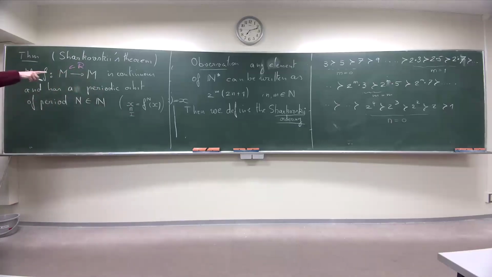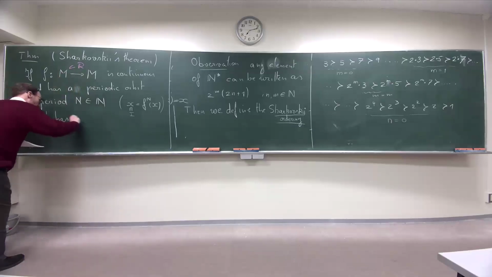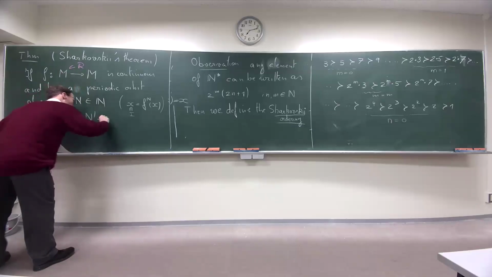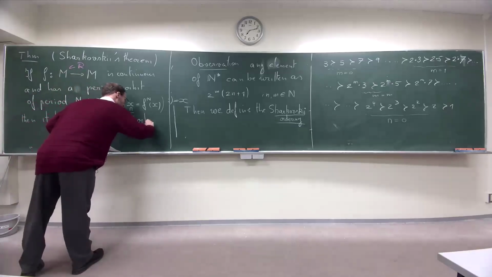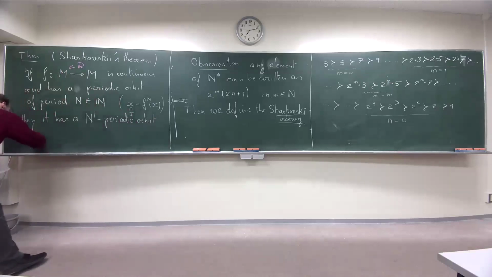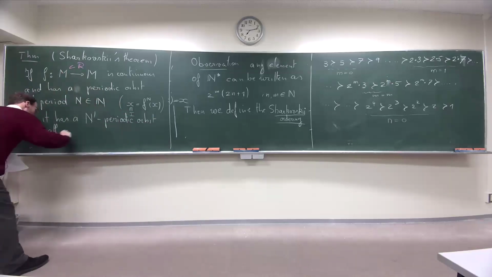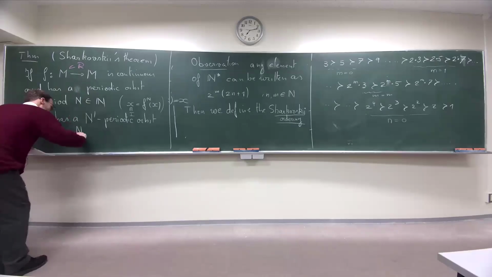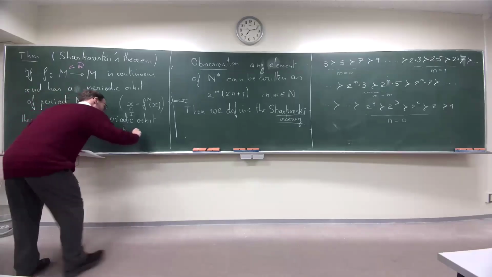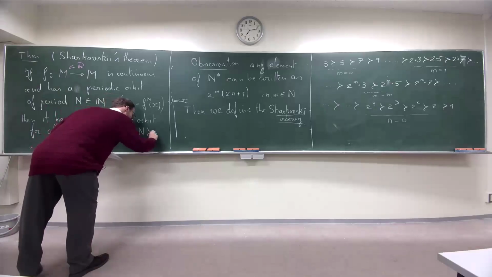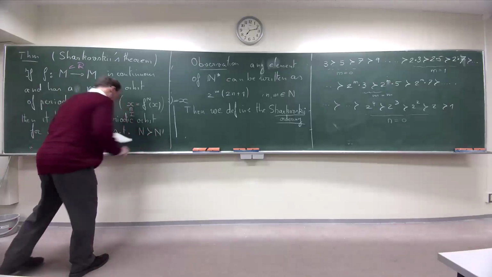So if we have such a function which has an n-periodic orbit, then it has an n' periodic orbit for all integers n' such that n is bigger, in the curly ordering, than n'.